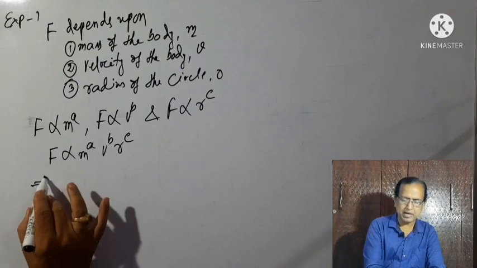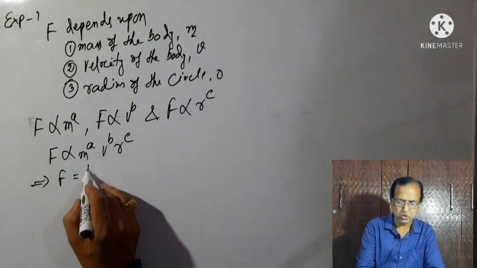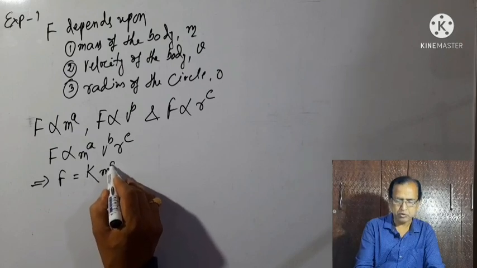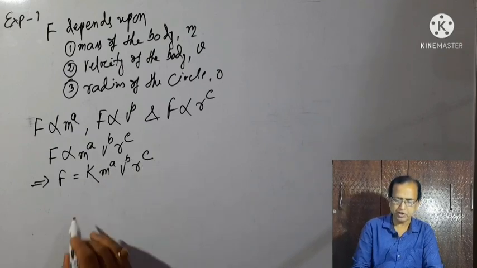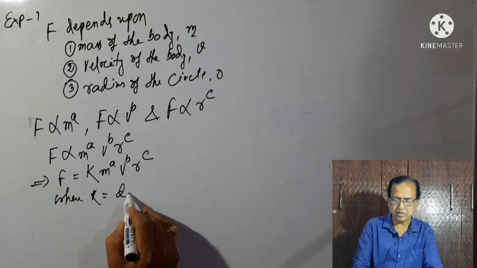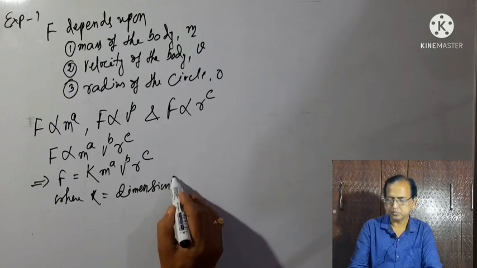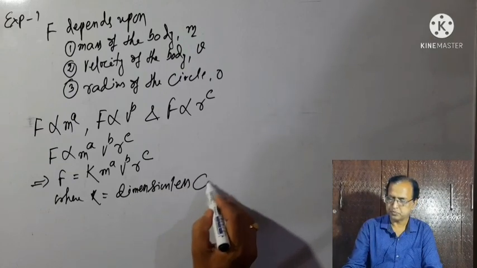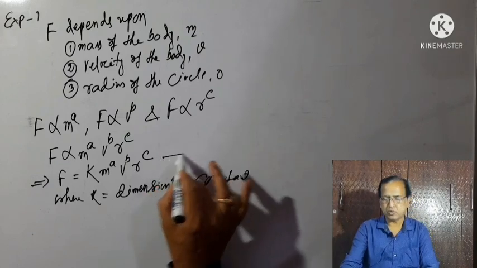So F is equal to k m to the power a, v to the power b, r to the power c, where k is a dimensionless constant. This is equation number 1.